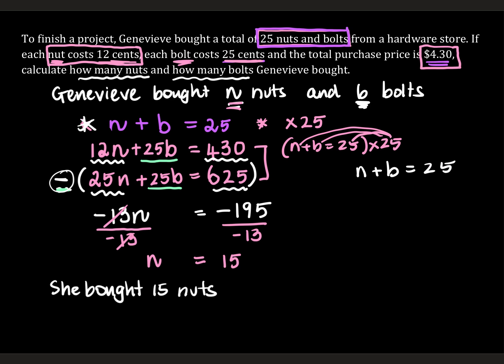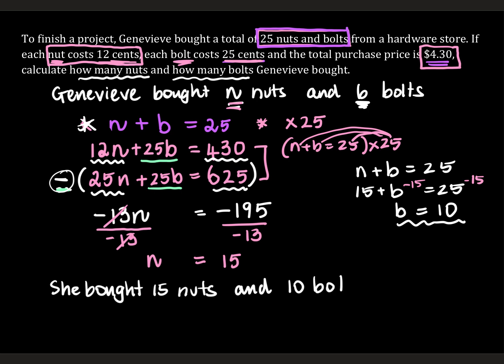That's from this one right up here. 15 plus B equals 25. 15 plus what equals 25? Take 15 off both sides, and we'll find that B is equal to 10. She bought 15 nuts and 10 bolts.